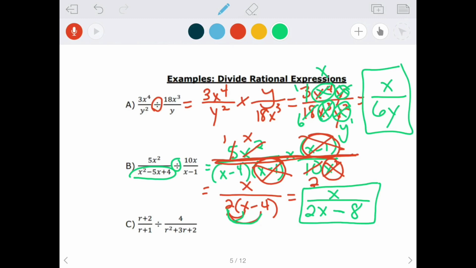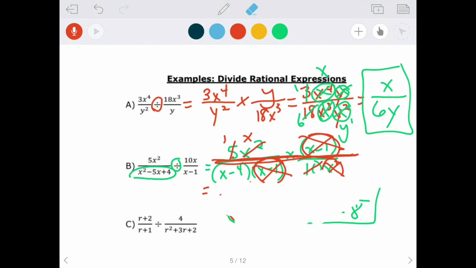And then our final example, I'm going to clear out some room real quick with my eraser. And then I can once again rewrite my first expression. Then I'm going to change my division sign to a multiplication sign, and then I'm going to take the reciprocal of the second expression.